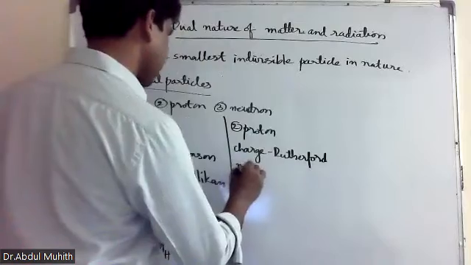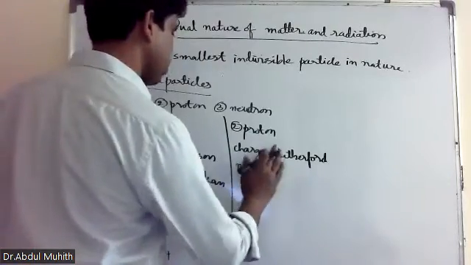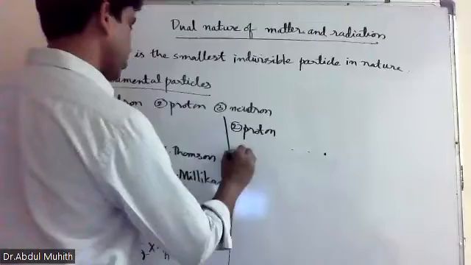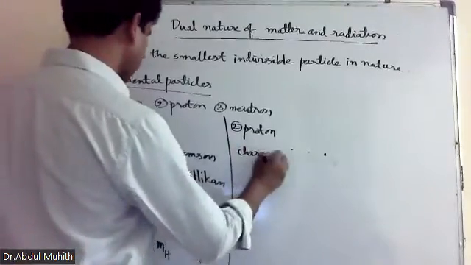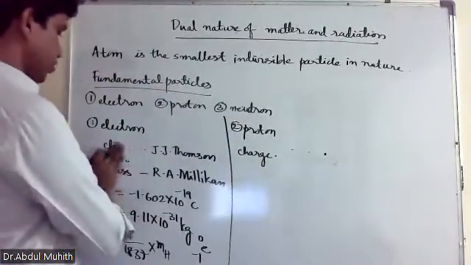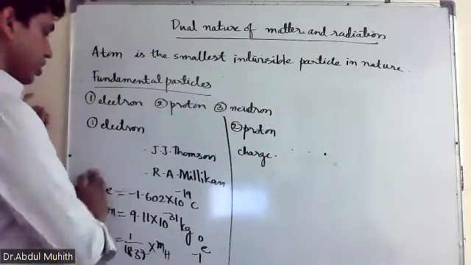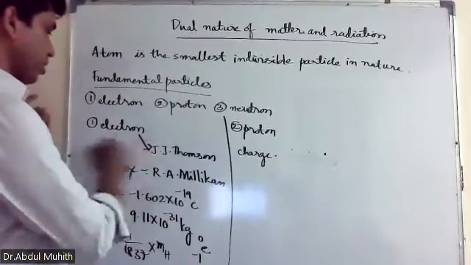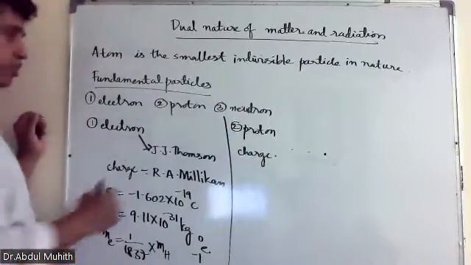We can say the electron was discovered by J. J. Thomson and its charge by R. A. Millikan.